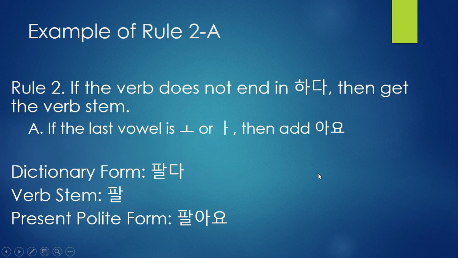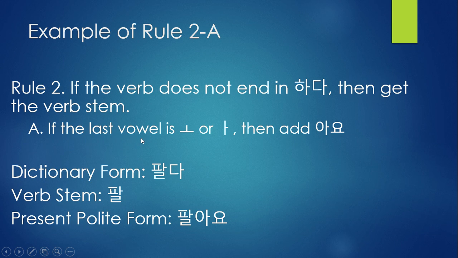Example of Rule 2a. Rule 2a says, if the verb does not end in hada, then get the verb stem. If the last vowel is o or a, then add ayo. So let's use palda, to sell. Dictionary form, palda. It doesn't end in hada, so get the verb stem. The verb stem is pal.